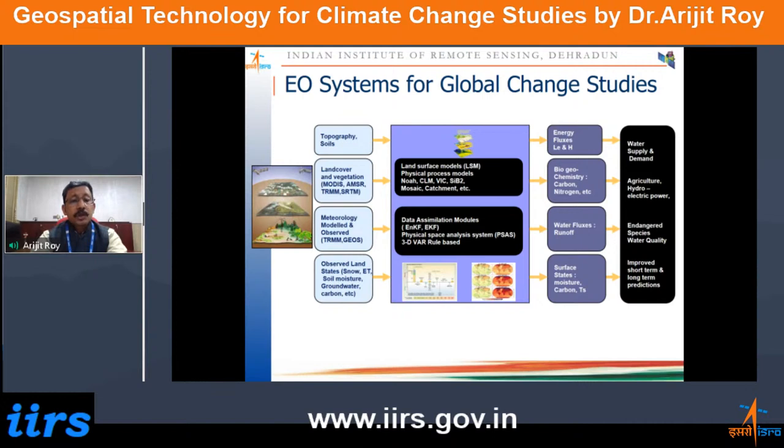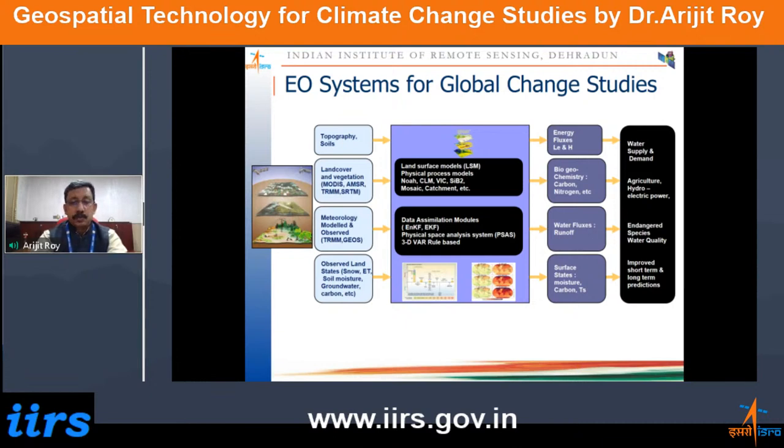Then meteorological observation helps us to provide modeled as well as observed information on various meteorological parameters like temperature regimes, precipitation regimes, humidity profiles, etc. And we also get information on various observed land states like snow, evapotranspiration, soil moisture, groundwater, carbon, etc.